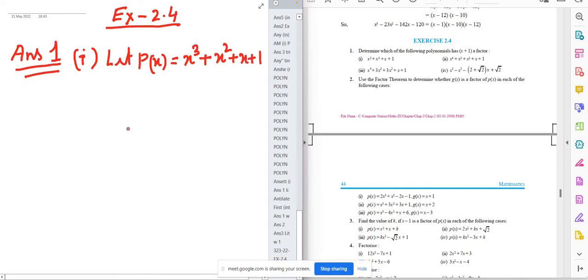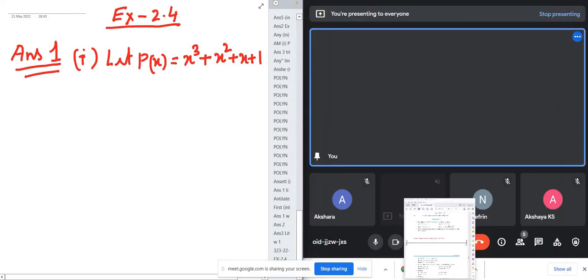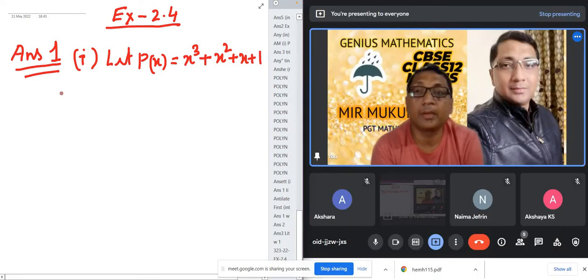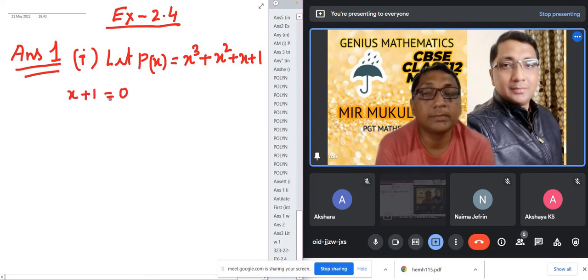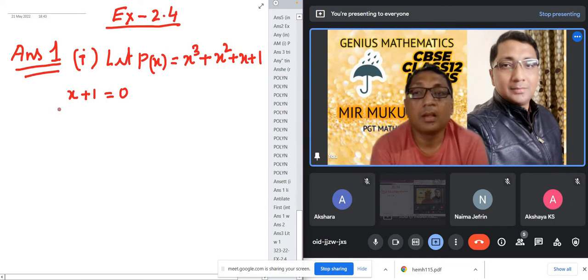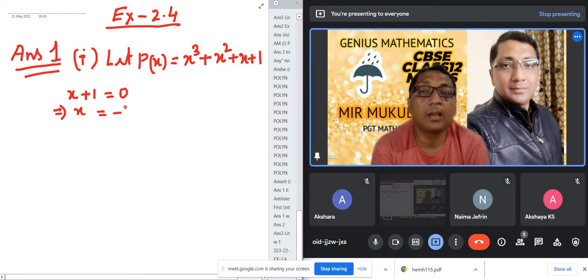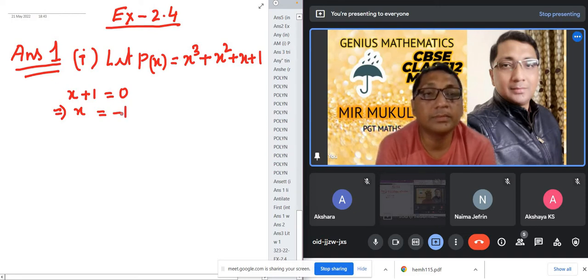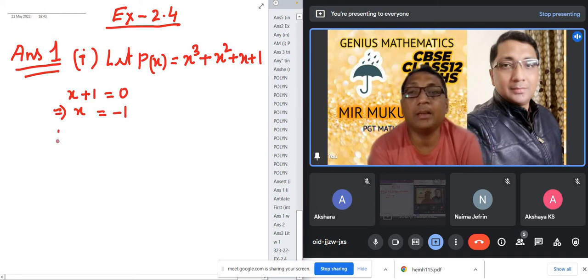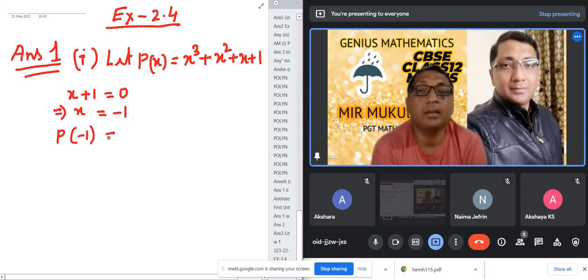Now we have to check whether x plus 1 is a factor of this polynomial or not. So to check x plus 1, you write x plus 1 equals 0. So x equals minus 1. Then find the remainder. p(minus 1) will be the remainder.